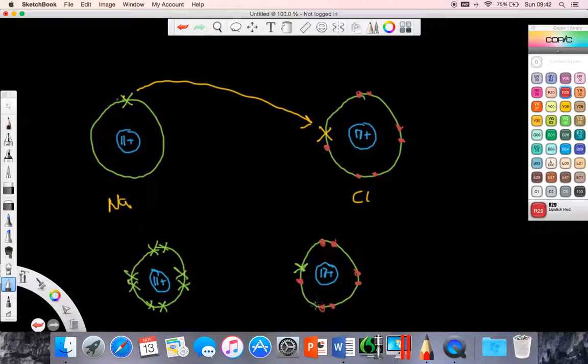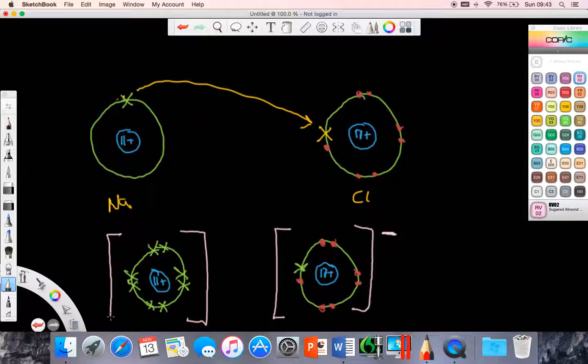But because they are now ions, they have different numbers of electrons and protons, we need to draw our brackets around them. So this one has become a negative ion and is therefore an anion with a charge of -1. And sodium has become a cation that now has a positive charge of +1.